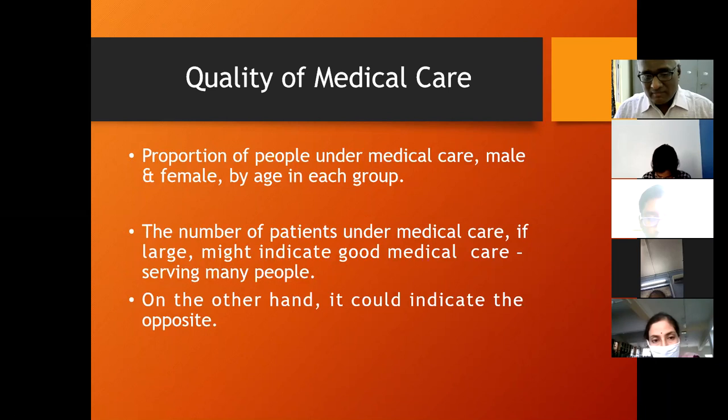So a higher number of positive cases doesn't mean that the quality of the medical care is good. A large number doesn't indicate that the quality of the medical care is good. It is an opposite measure. So collection of the COVID data from different states, by the central government, is not to show that the quantity is increasing, but we have to see how many positive cases every day are declining and how many positive cases are cured.